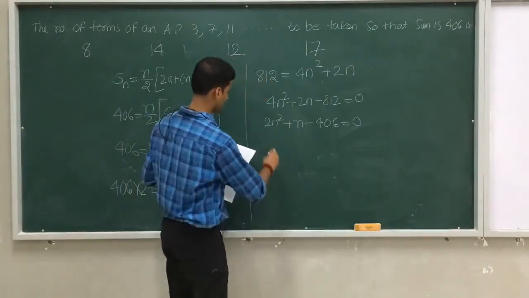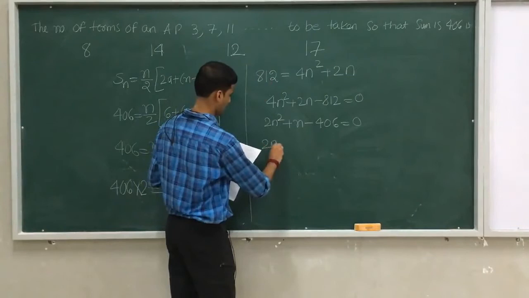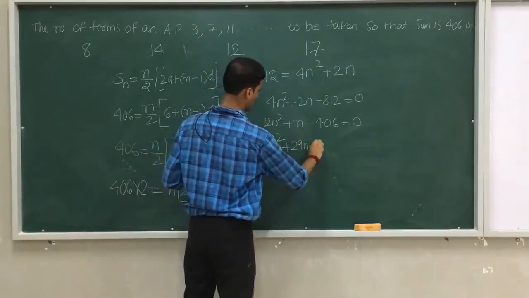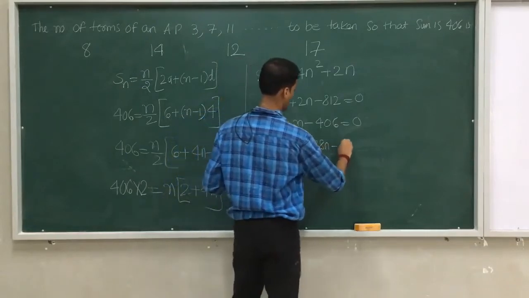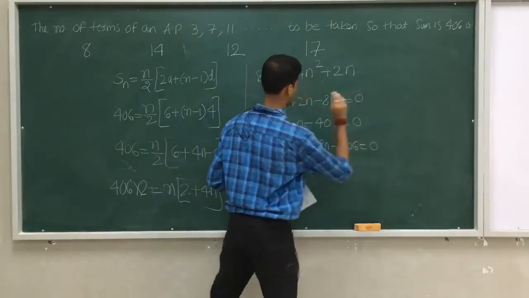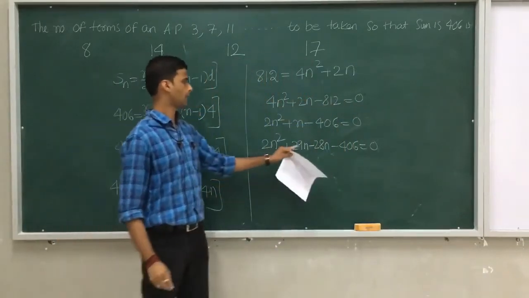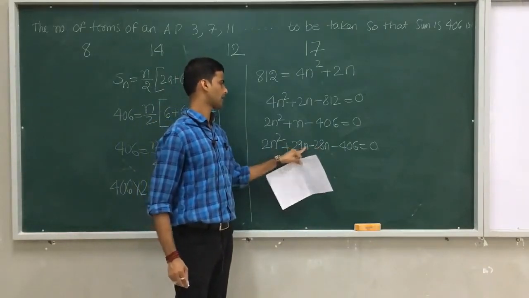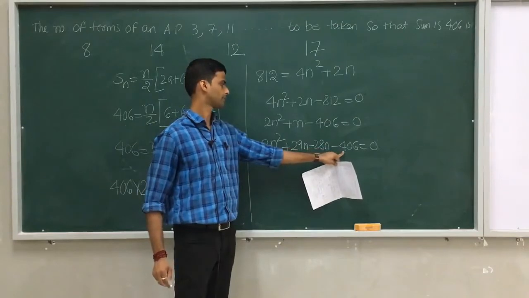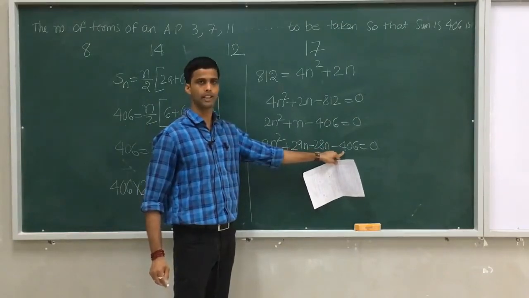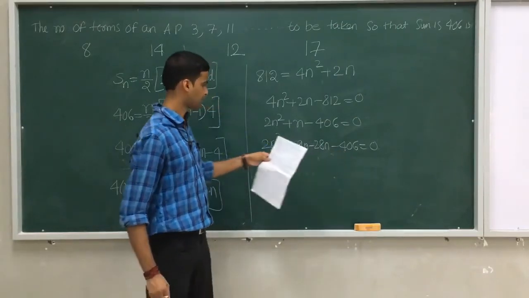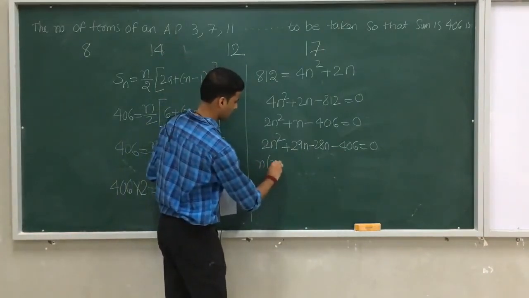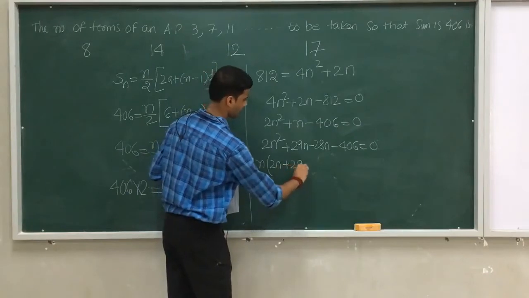Now for 2n square plus n minus 406, just check this calculation. I'll write it as 29n minus 28n minus 406 equals 0, because when you add, you get n, and if you multiply 29 into 28 you get 406 only. So 29n minus 28, in this I will take n common, you are left with 2n plus 29.